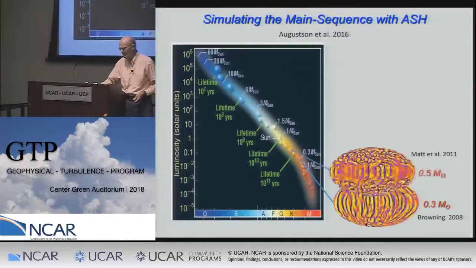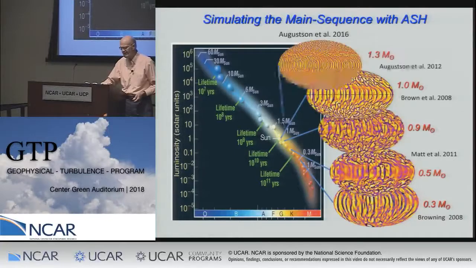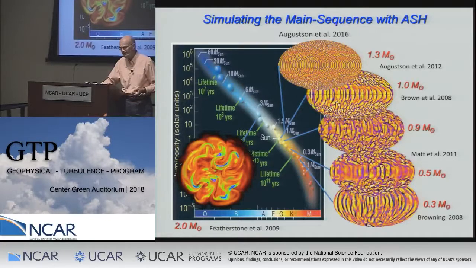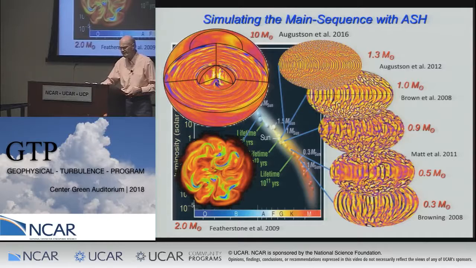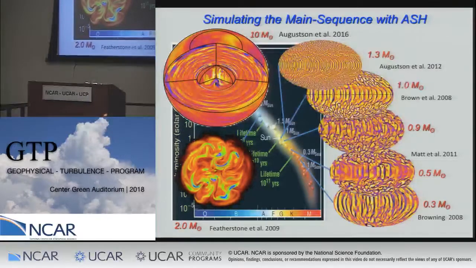And if you said, well, what's been done with this? Well, a number of stars have been studied in different ways, some fairly extensively, some only briefly, but sampling some of the properties across the main sequence. Matt Browning particularly started the game, with some of the M dwarfs.